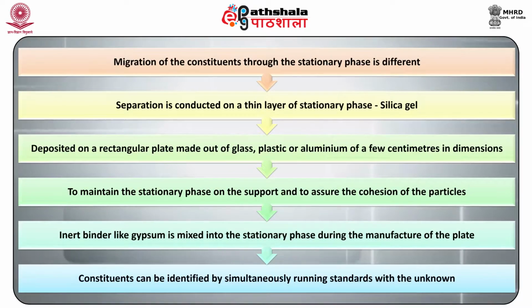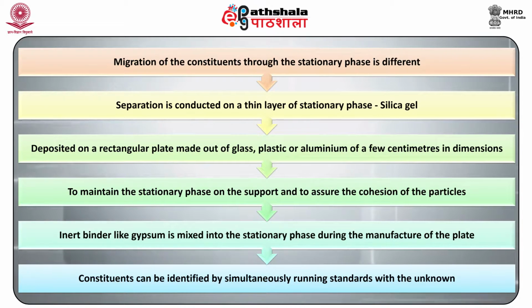The principle of separation is that the migration of the sample components through the stationary phase is different. The separation is conducted on a TLC plate, that is, a thin layer of a stationary phase, which is usually based upon silica gel, and it is deposited on a rectangular plate usually made out of glass or plastic or aluminum of a few centimeters in dimensions.